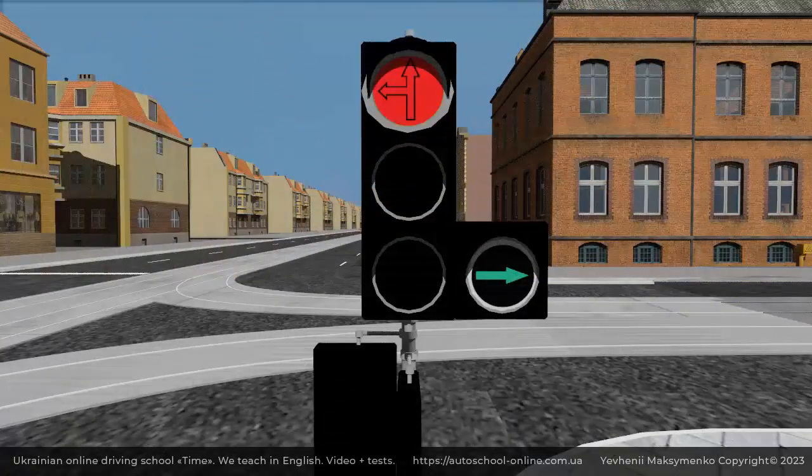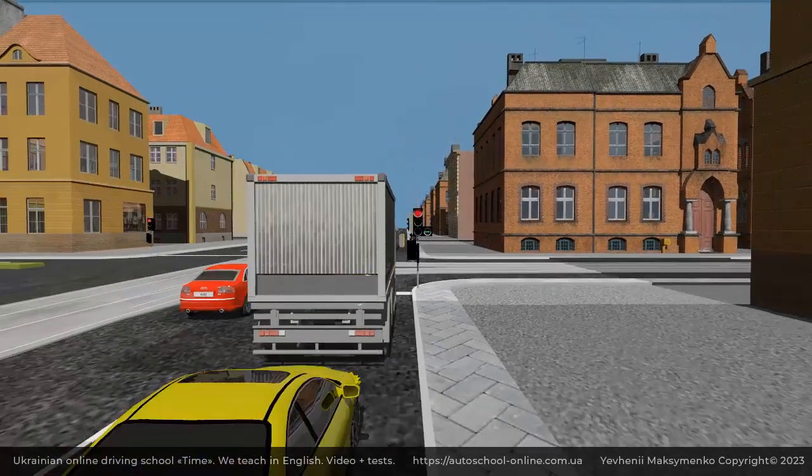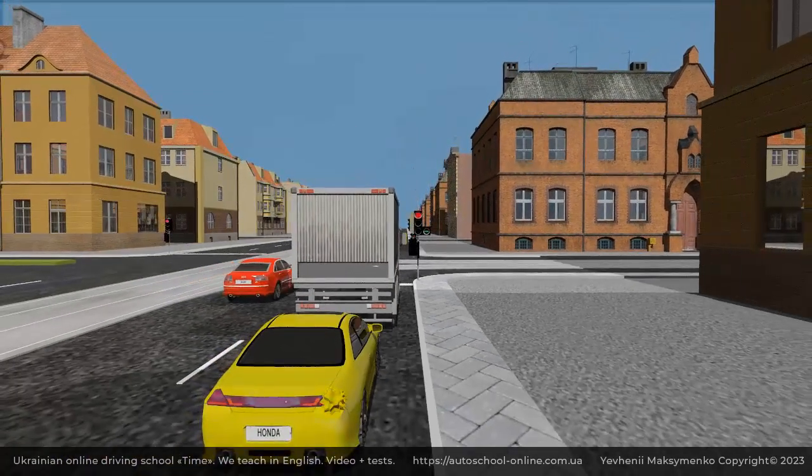Another rule concerns intersections where traffic is regulated by a traffic light with an additional section switched on together with a red traffic light. Situation: a truck driver at an intersection intends to drive straight ahead. However, he is in the rightmost lane. A yellow passenger car has stopped behind him and wants to turn right at this intersection, but cannot because the lorry is in the way.